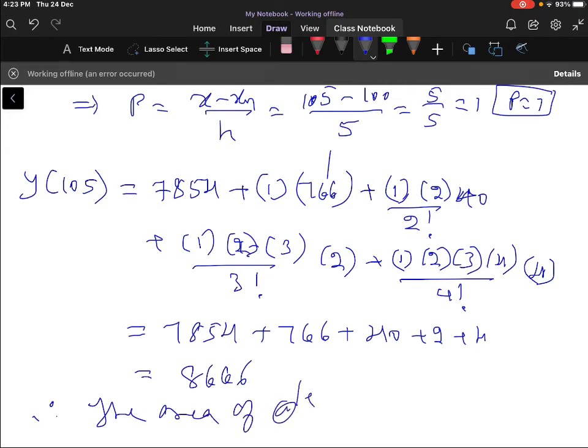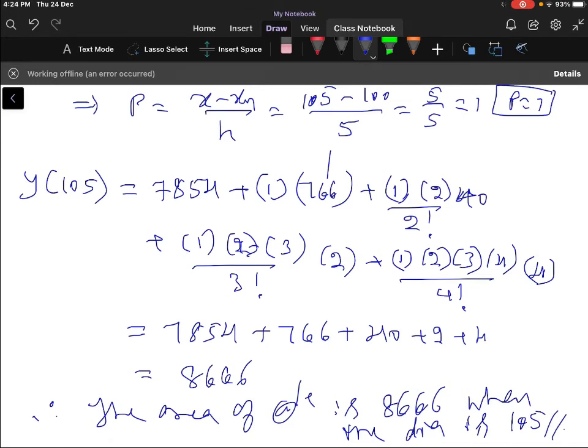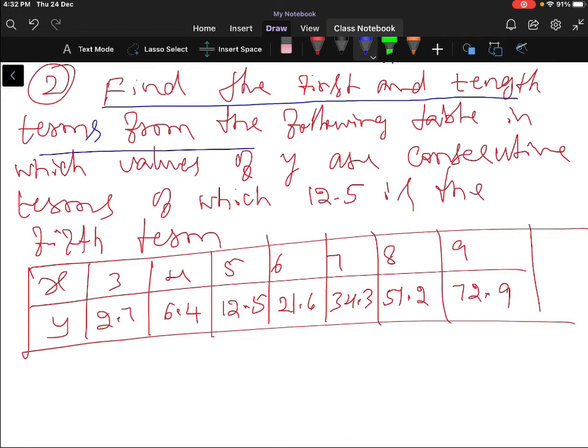Therefore, the area of the circle is 8666 when the diameter is 105.